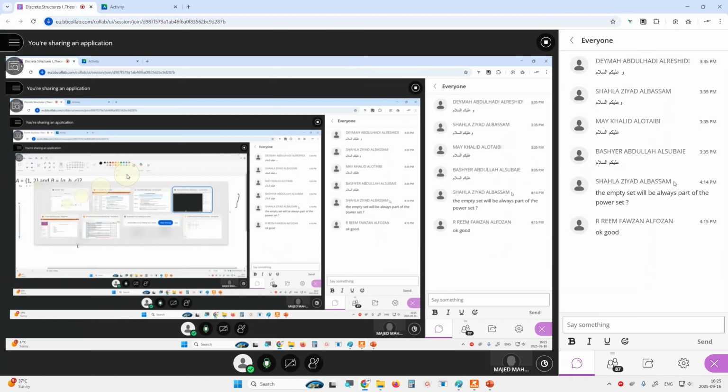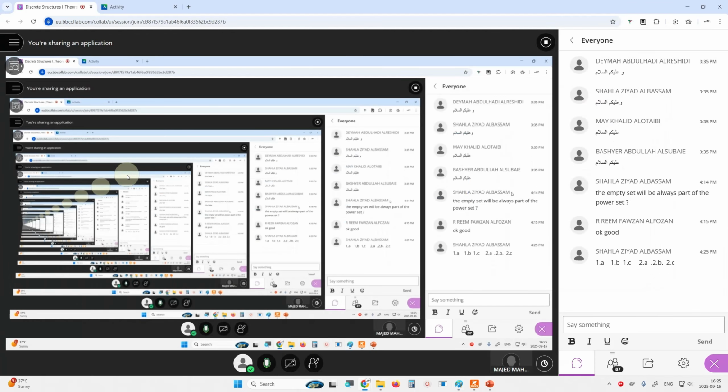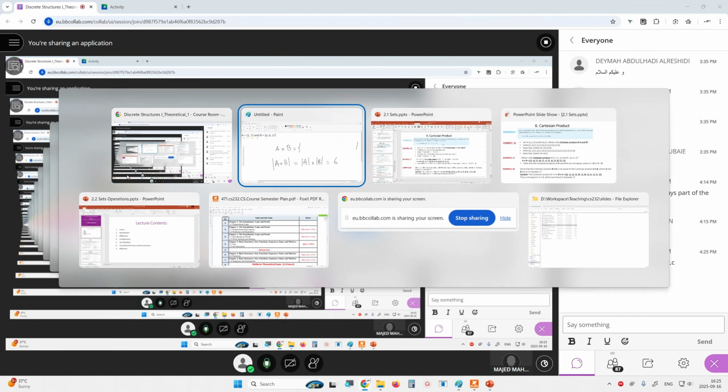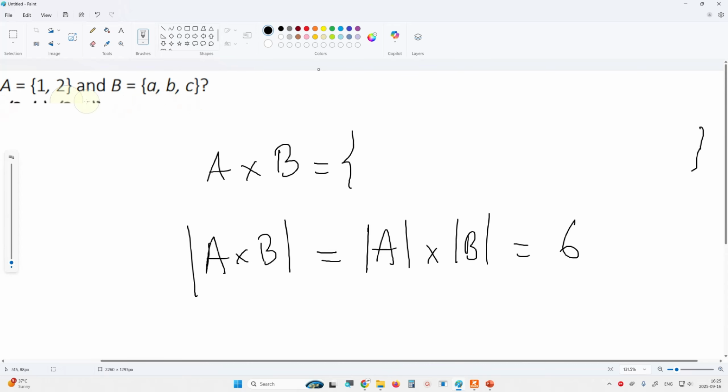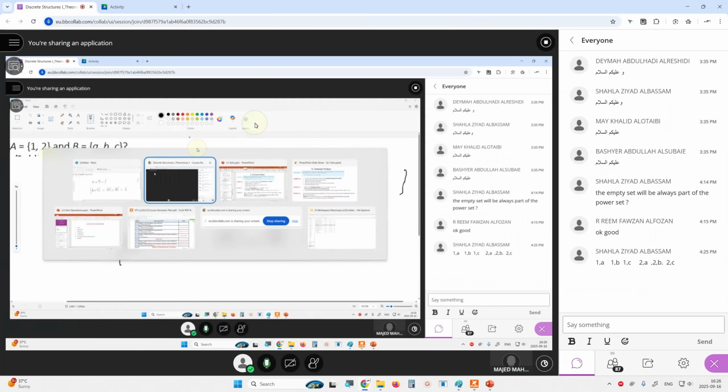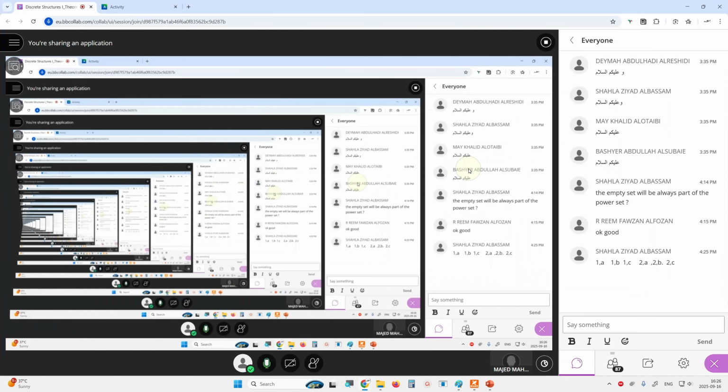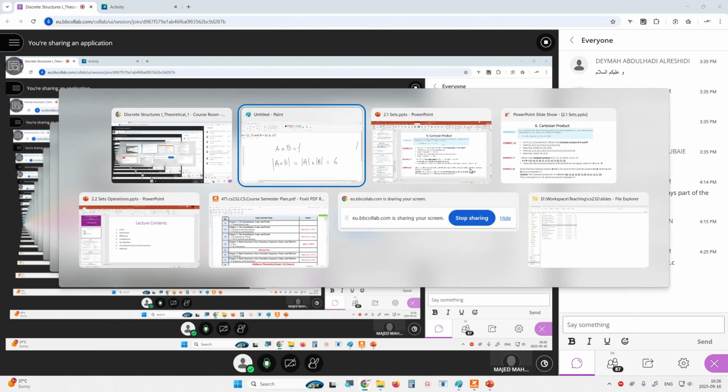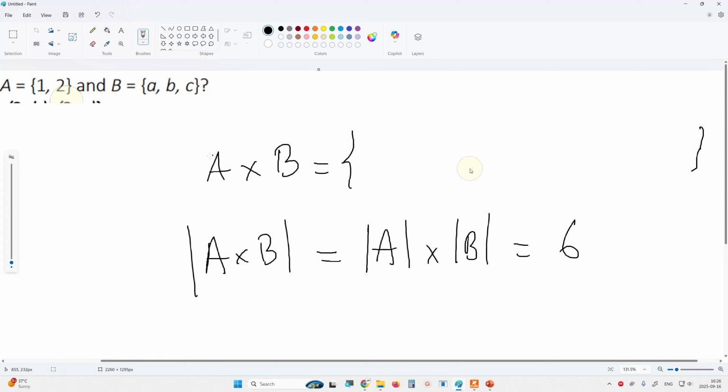I don't want to show the writing. Is it 1A, 1B, 1C, 2A, 2B, 2C? Is that it? Everybody agrees? You don't know? Yes, no, not sure. Well, let's do that.